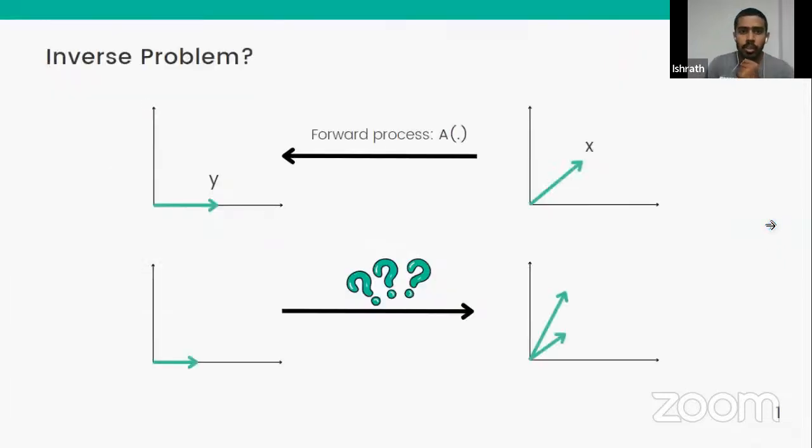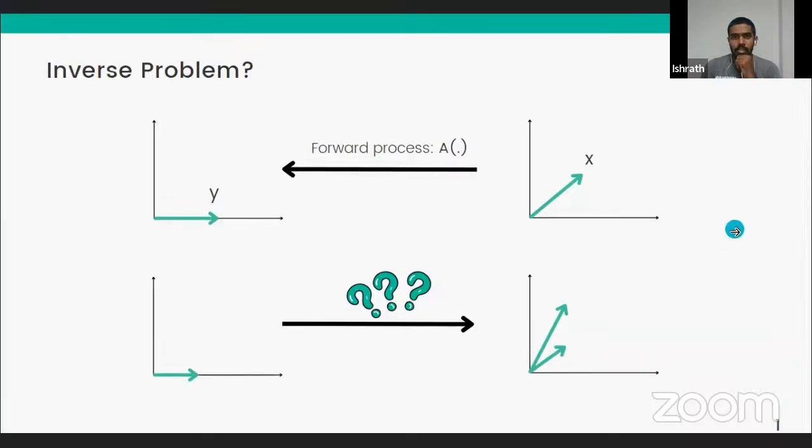Before going into the paper, let me give a quick reminder about the inverse problem and the terminology we are going to use throughout this presentation. First, imagine we have a 2D space and a vector called x.